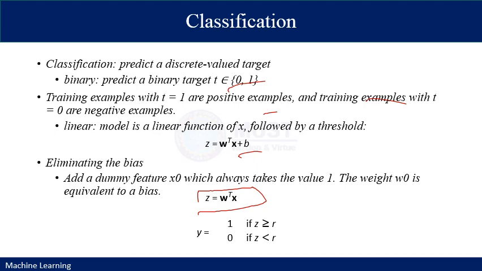Our prediction y will be 1 if our result z is greater than our threshold, and 0 if it is less than our threshold. That means it is 1 if you have provided a probable value with your estimation.